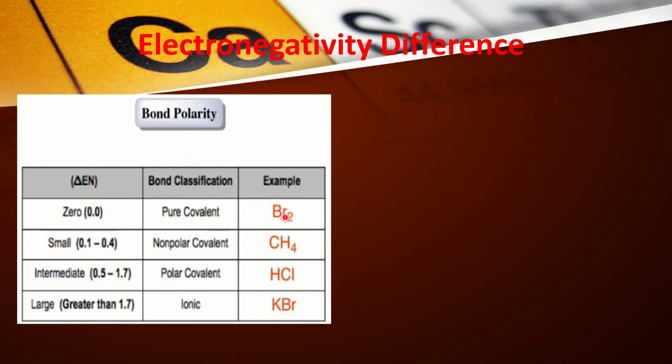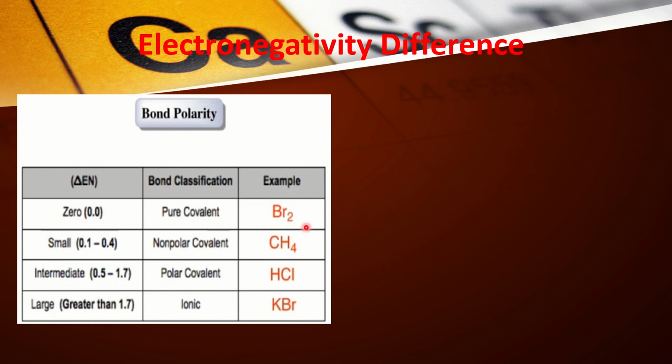Look, when two atoms make a bond, this is the bond of two bromine atoms. Both their electronegativity is the same, so the difference of electronegativity is 0. When the difference of electronegativity is less than 0.5, they are called pure covalent compounds.